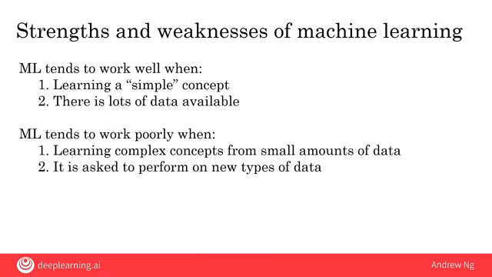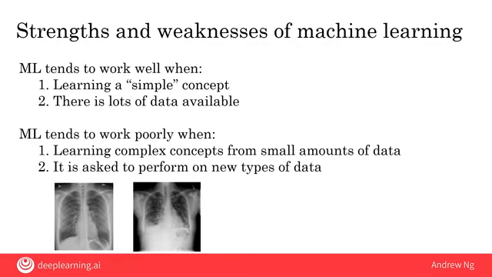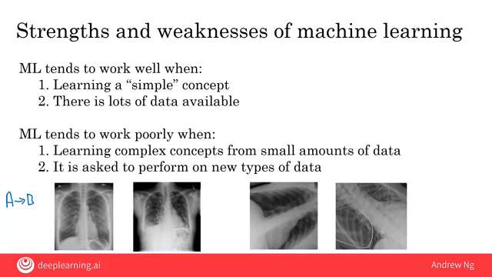Let me explain with an example. Say you built a supervised learning system that uses A to B to learn to diagnose pneumonia from images like these. These are pretty high quality chest X-ray images. But now, let's say you take this AI system and apply it at a different hospital or a different medical center where maybe the X-ray technician somehow strangely had the patients always lie at an angle, or sometimes there are these defects.